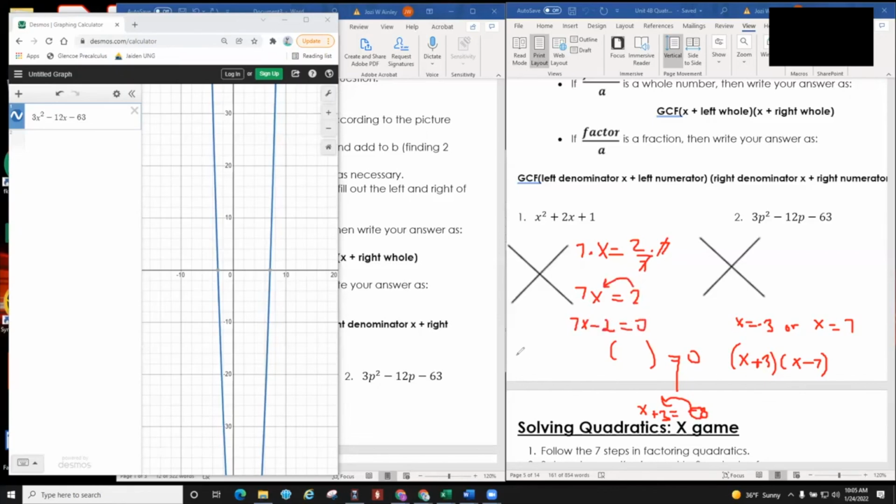So this will be the factor, 7x minus 2. If it's a whole number, it's easier, it's just the opposite. If it's a fraction, you just have to remember it's just like we wrote it down: 7x and then the opposite of this, minus 2. Again, if that's a bit confusing, you're more than welcome to do it the longer way. But that's how you do it.